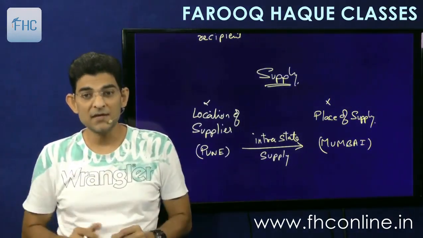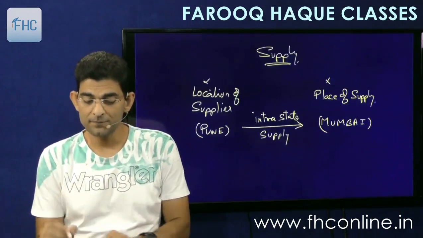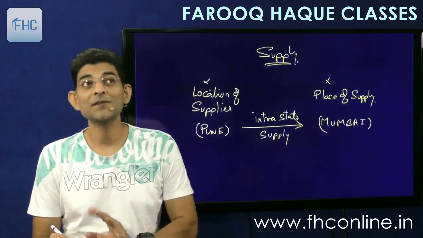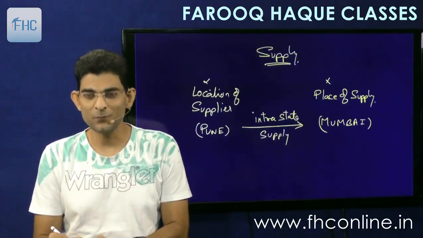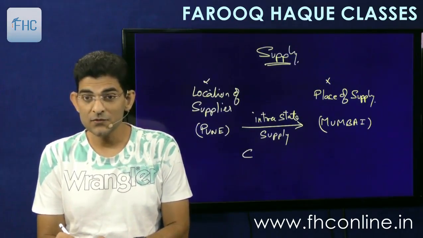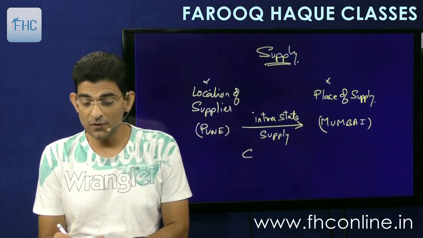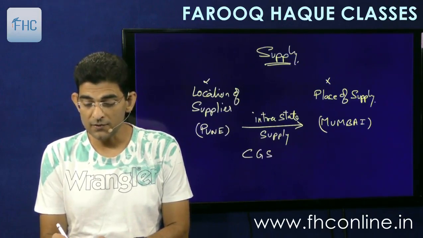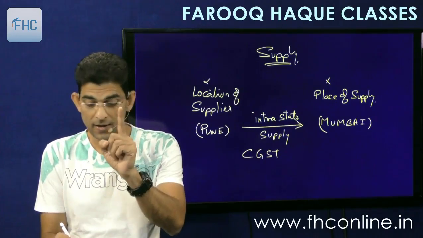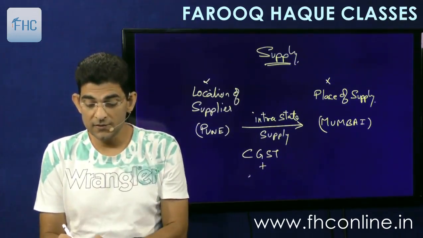If this is the case, then the taxes that will be imposed will be the central tax. The central tax is called Central Goods and Service Tax, CGST, and the State GST.